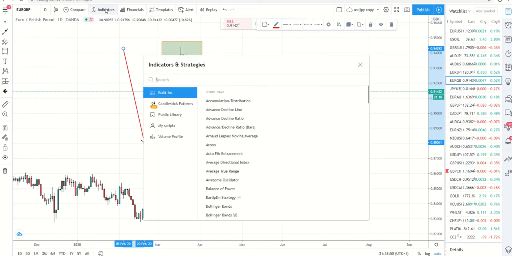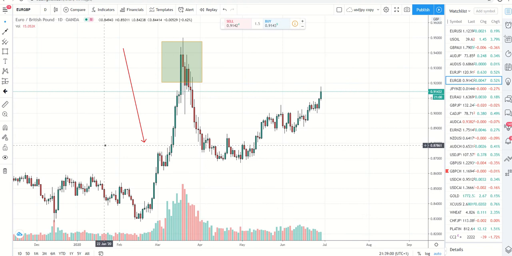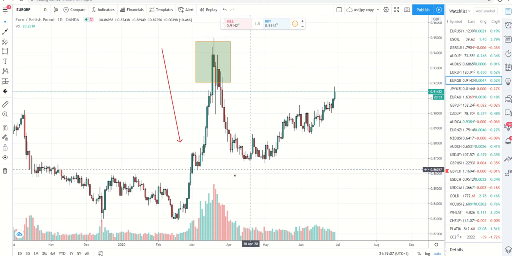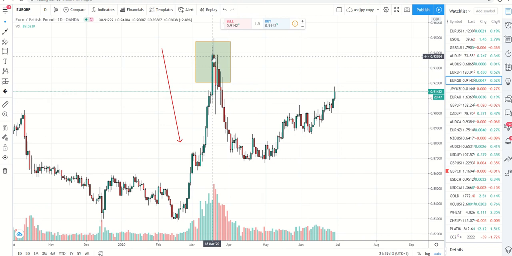The indicator I'm going to use for this is volume. This gives us a good idea of exactly what's going on in the market. So we've come up, high, low, all the way up to this level.